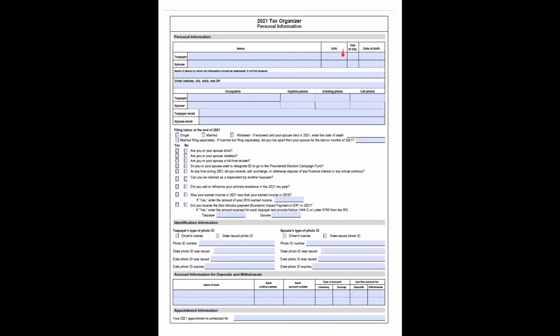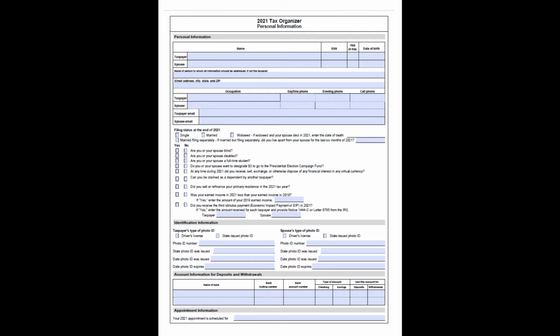The has IP PIN area, identity protection PIN, is what that is. You'll have one of these if you've experienced any identity theft with IRS. They will assign you a PIN, or if your identity has been compromised in the past, you can actually request an IP PIN from IRS.